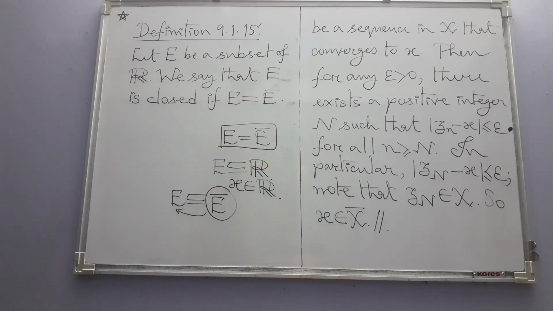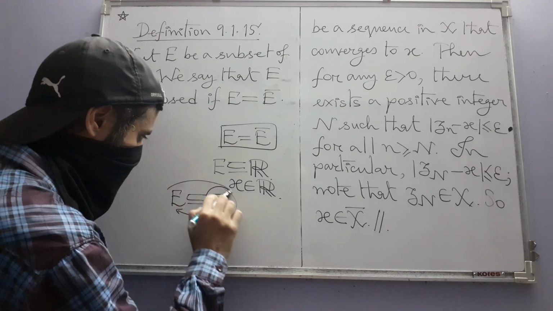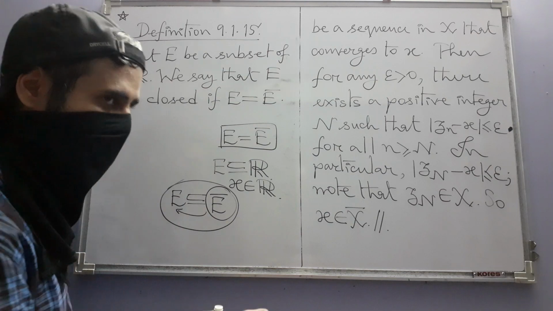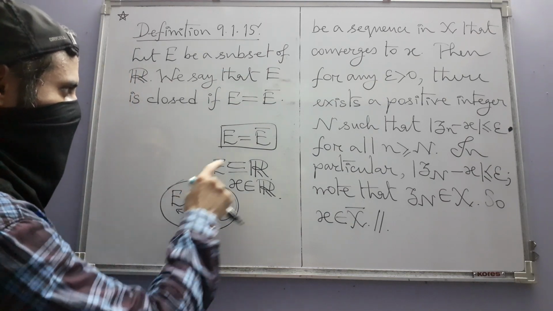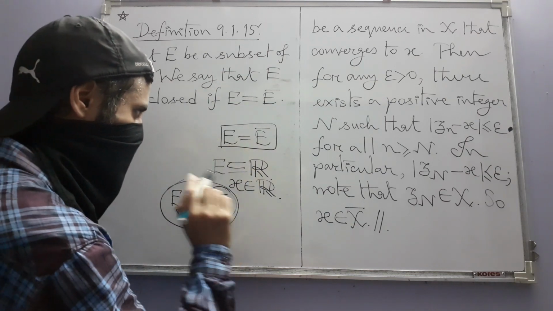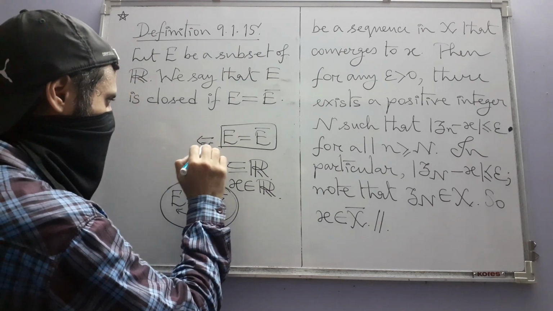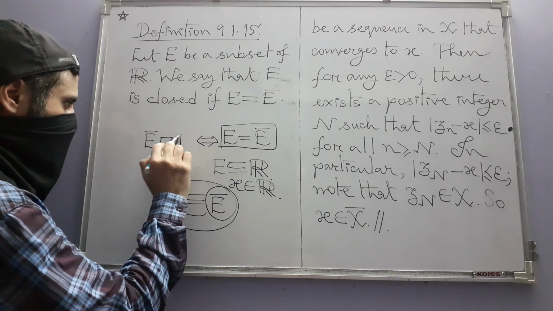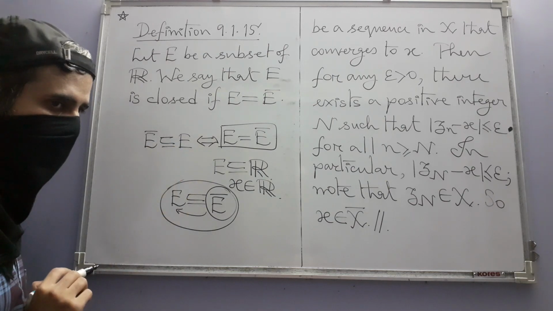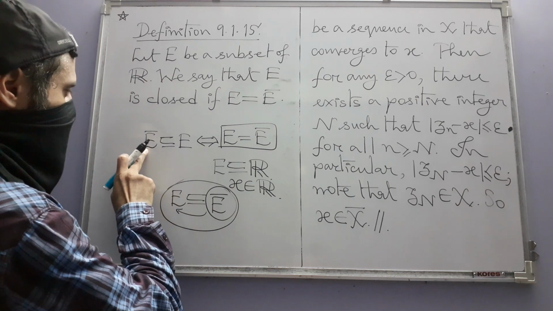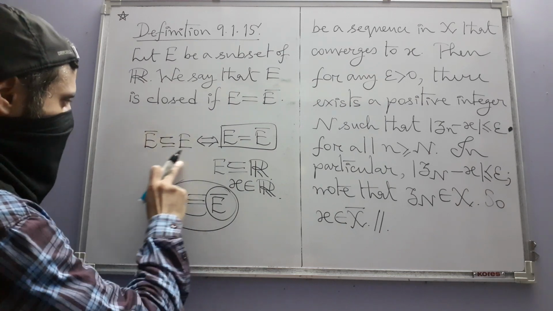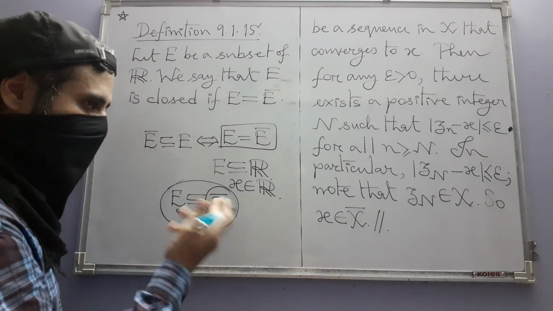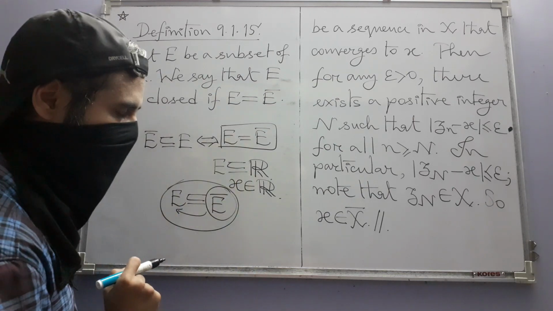Now since we already have this fact, this relation for any set E, that means this is true if and only if this is true. Do you see how? If say you assume that this containment is true, then using this one, which is always there, you get equality.